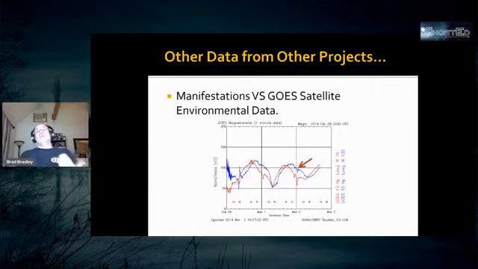Now, in doing this research, you also tend to stumble on some things. And that's why you really need to have the data analysis skill set to go in and do the actual analysis of the data you're collecting. We were looking at the GOES satellites for environmental, like weather data, for our times at the locations that we've gone to. And we found out that the magnetometer on the GOES satellite fluctuates over time, like a sine wave.